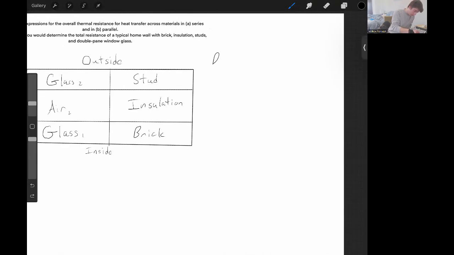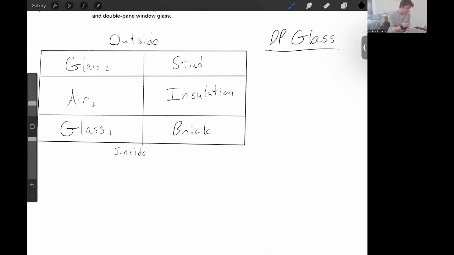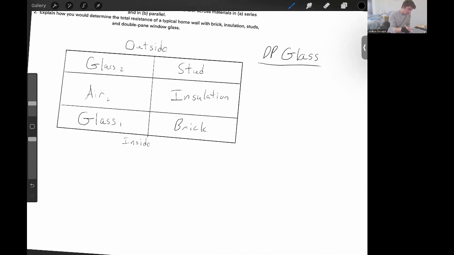Let's go ahead and put this for double pane glass. We have our double pane glass over here. To get the total resistance, we're going to start from the very beginning. We're going to look at the air inside going into the glass. This is going to be convection.